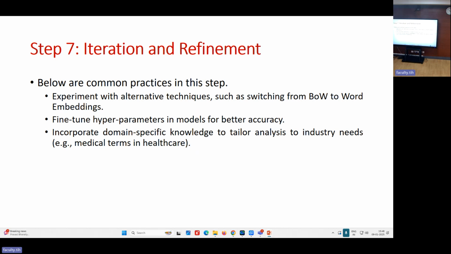Like if you are doing the processing in the domain of medical, you can define more medical terminologies in terms of finding out the domain knowledge, right? So these are some of the techniques you can follow at the time of iteration and refinement.